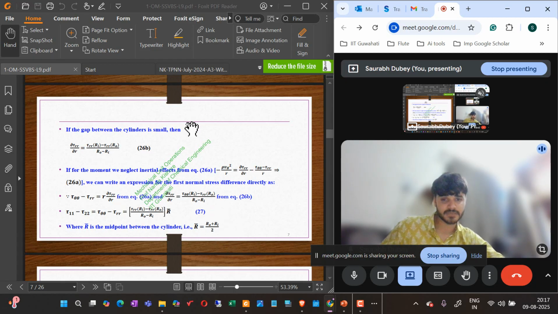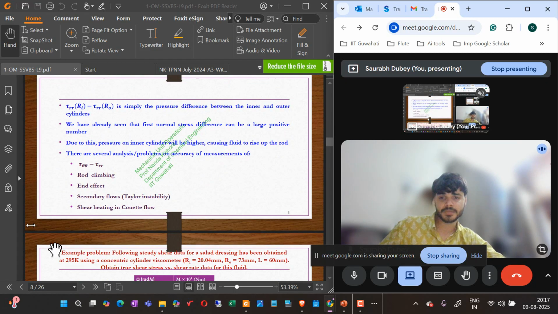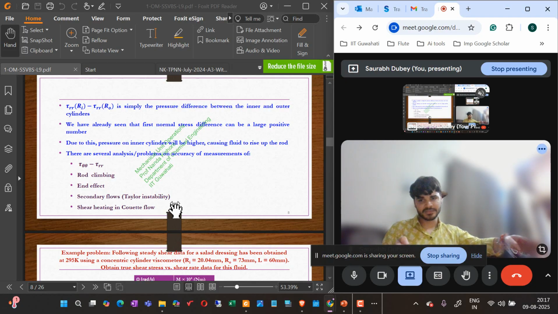So based on that, you came to know that the difference between tau RR at the inner radius and tau RR at the outer radius in the normal direction is non-zero, and is simply the pressure difference between the inner and the outer cylinder.